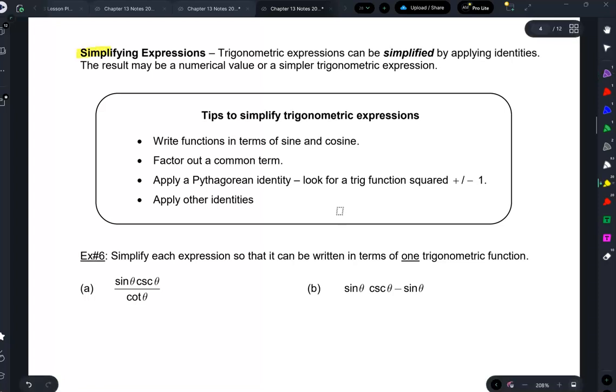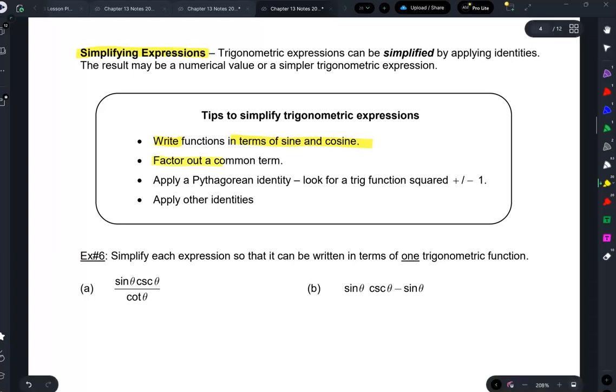Let's talk about simplifying expressions, right? Simplifying expressions is basically applying identities to make things a little bit simpler. There are a couple of things we can do here to simplify functions. One tip is to write functions in terms of sine and cosine, just like we were doing just now.